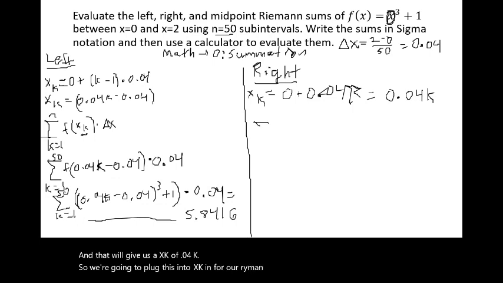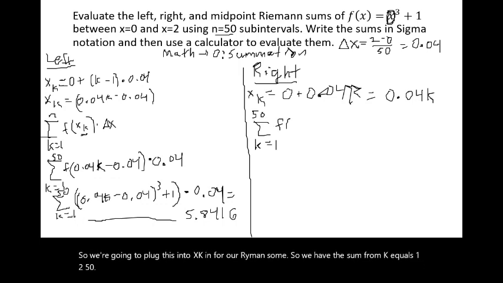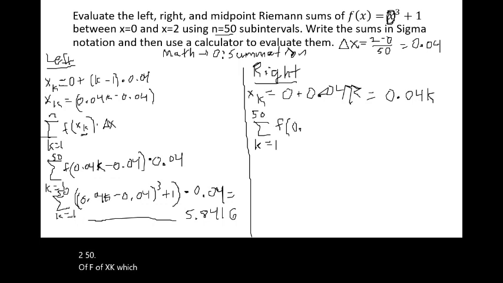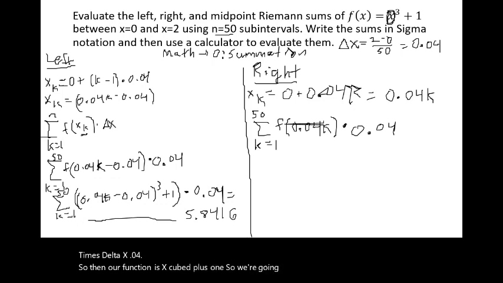So we have the sum from k equals 1 to 50 of f of xk, which is 0.04k, times delta x, 0.04. So then our function is x cubed plus 1, so we're going to plug 0.04k in for x in our f of x.